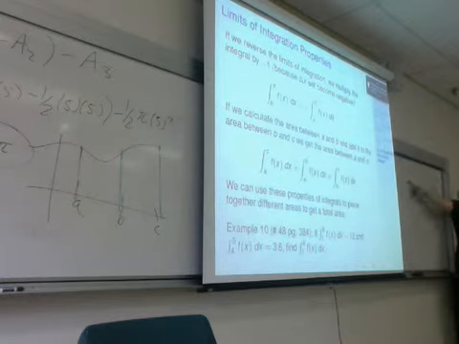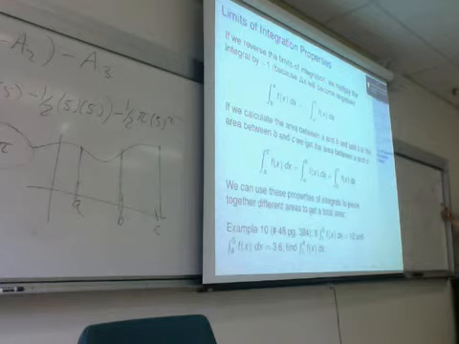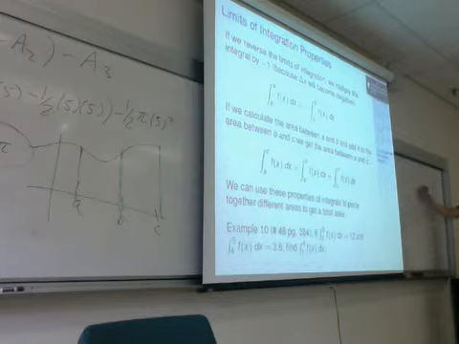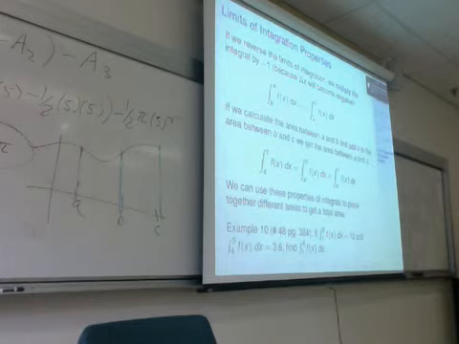The integral from 1 to 5 is the same thing as the integral from 1 to 4 plus the integral from 4 to 5. The integral from 1 to 5 is 12. The integral from 1 to 4, that's what we're trying to find. And the integral from 4 to 5 is 3.6. So if we want to find this guy, all we want to do is subtract 3.6 from both sides.